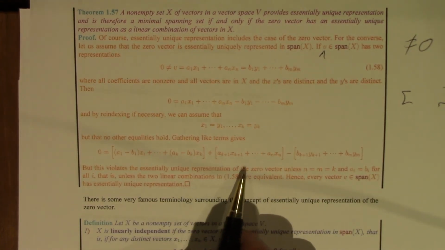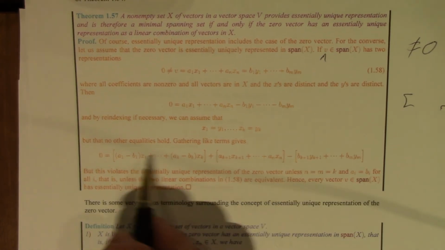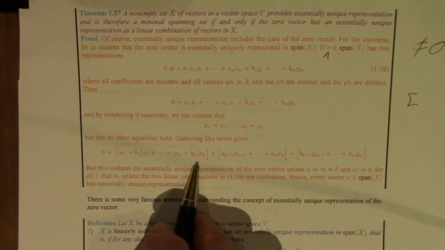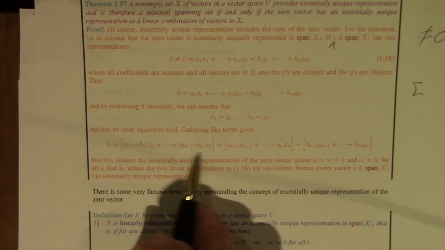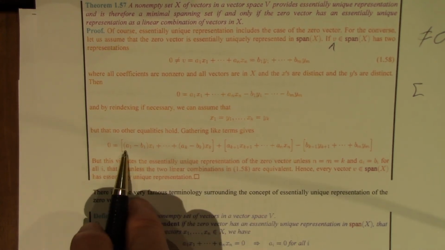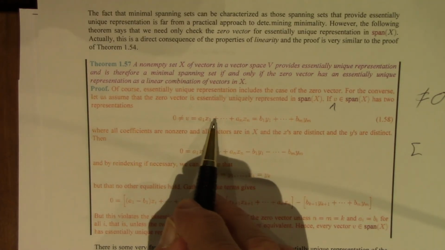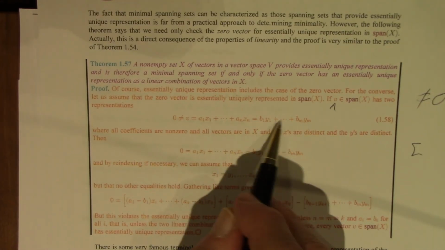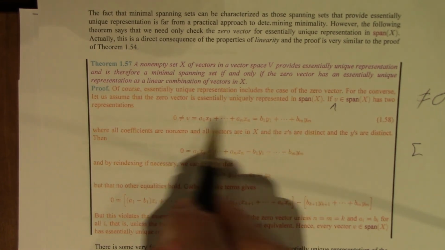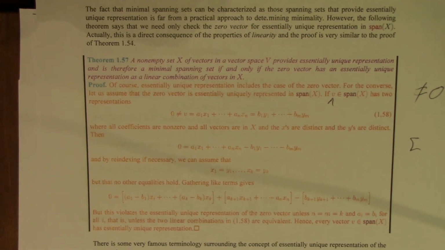So n and m are equal. And so these go away, and then all that's left is this, but this has to go away. And since the x's are non-zero, the only way this can go away is if the a's are equal to the b's. So after reordering, if necessary, the b's, or reindexing, we get identical expressions.